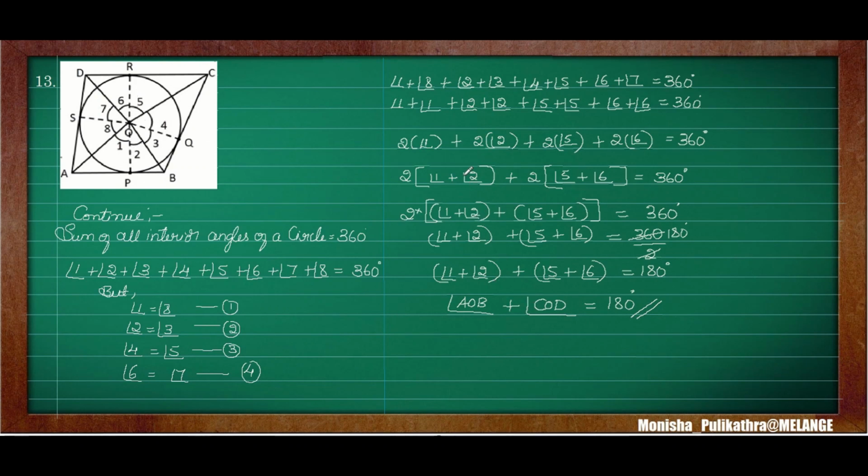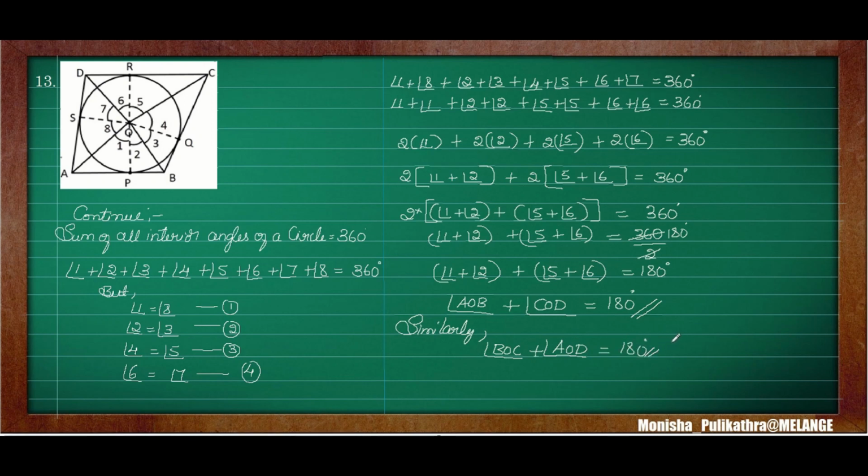Similarly, instead of this grouping, if we take 2 to 3 instead of 1 to 2, and instead of 5 to 6, if we take 7 and 8, then we can write it for this opposite side. Okay. So similarly, angle BOC plus angle AOD is also equal to 180 degrees.